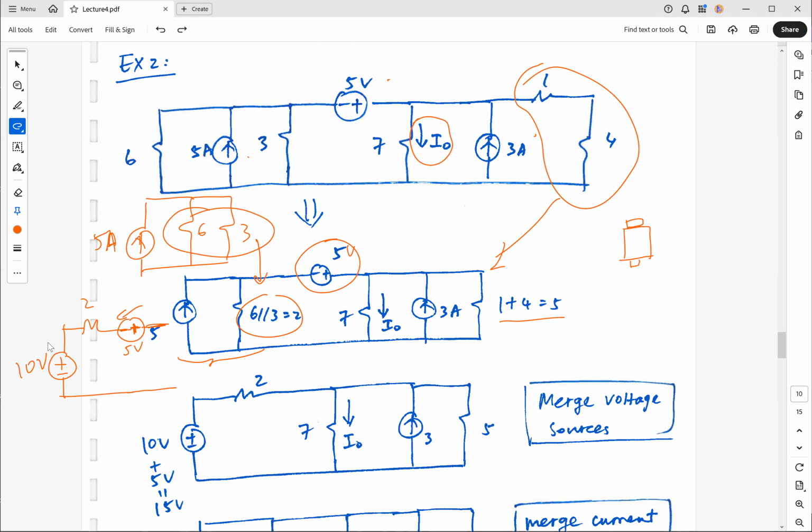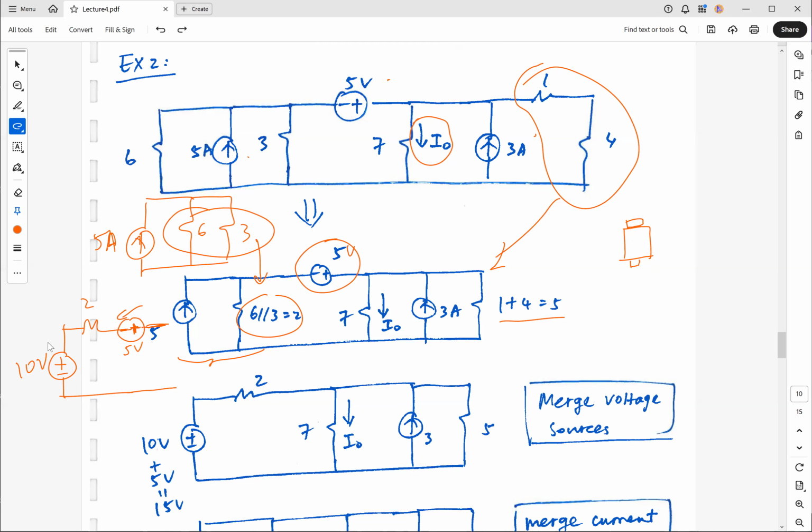So perhaps it's easier for us to change this voltage source into a current source. And then, if the circuit reduction technique works, we can probably just use a simple current division to find this current I0. That's kind of the strategy here.